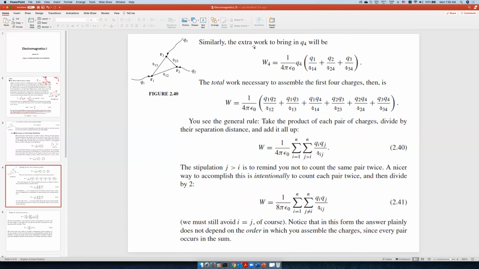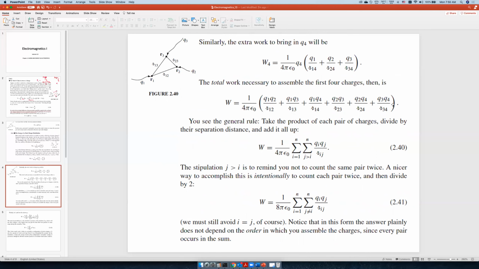Similarly, the extra work to bring Q4 can be written in this format. And the total work necessary to assemble the first 4 charges is shown here. You can see 1 over 4 pi epsilon 0, Q1 Q2 over R12, Q1 Q3 over R13, Q1 Q4 over R14, then Q2 Q3, Q2 Q4, Q3 Q4.